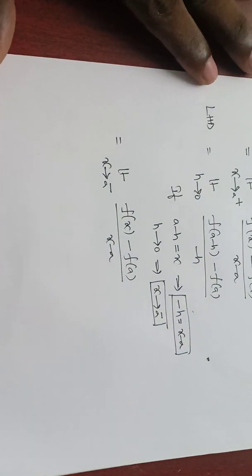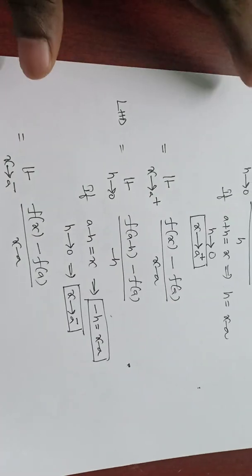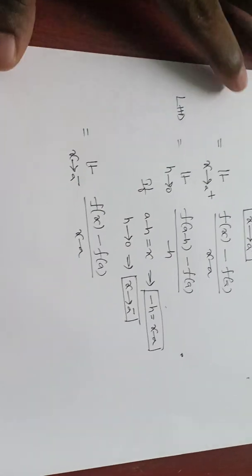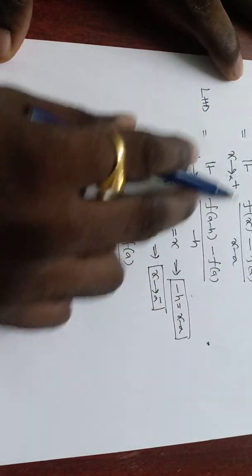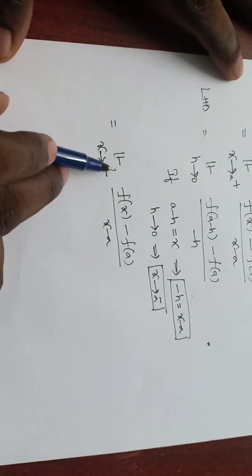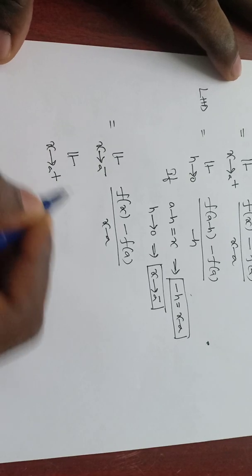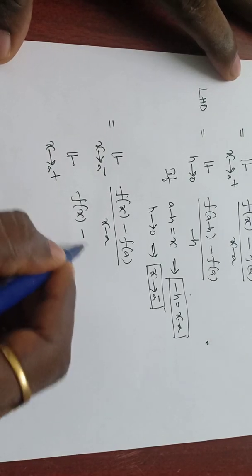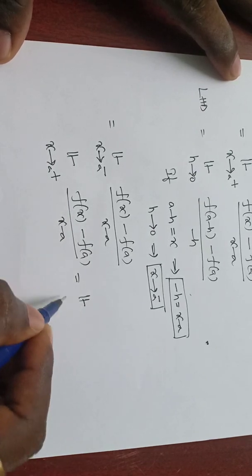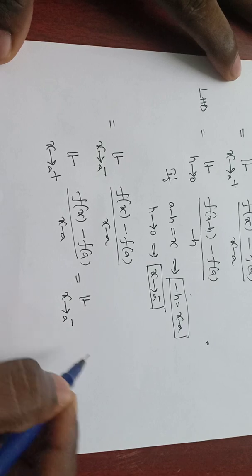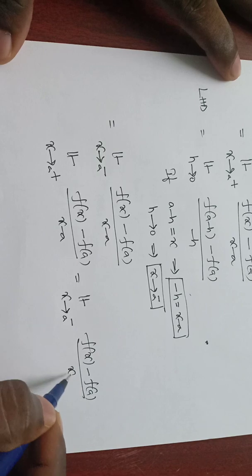Coming to the definition of differentiability, if the right hand derivative is equal to the left hand derivative, then only differentiation exists, which means that the left limit of this value is equal to the right limit, so limit x tends to a plus of f of x minus f of a by x minus a is equal to limit x tends to a minus of the same expression.